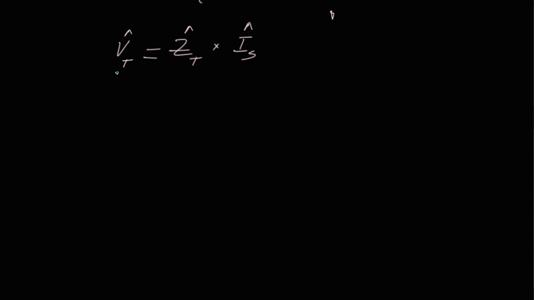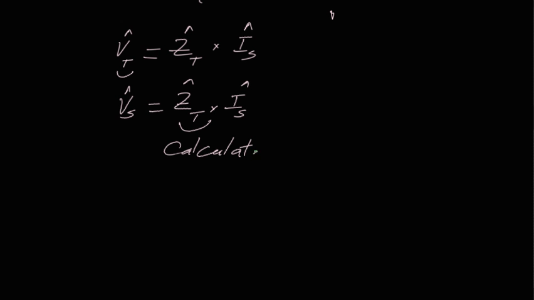Now Vt, we can replace it with Vs, because they are the same. So it's equal to Zt times Is. Now, this, we just calculated it. This was given at the very beginning, and this one we can find it.